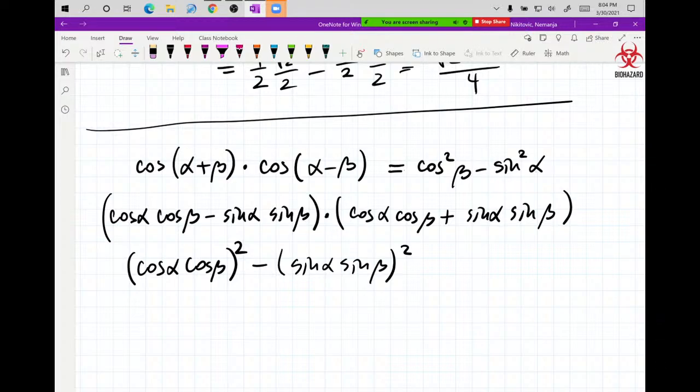So, can we combine this? No, we can't. Cosine beta, alpha sine beta, I can't factor.